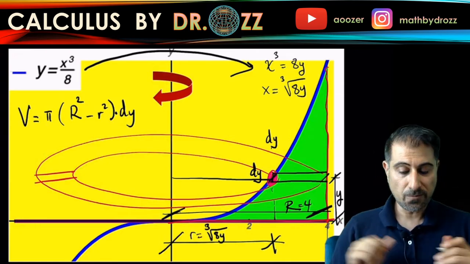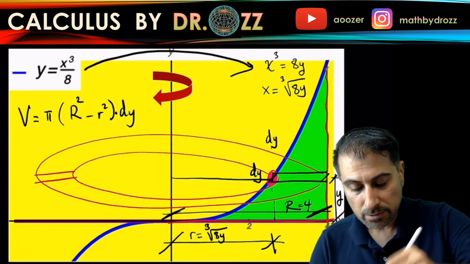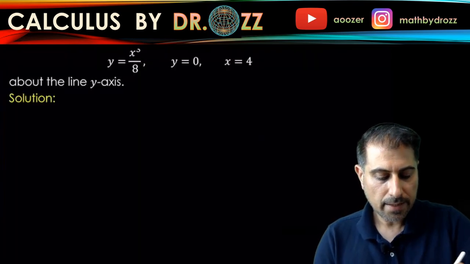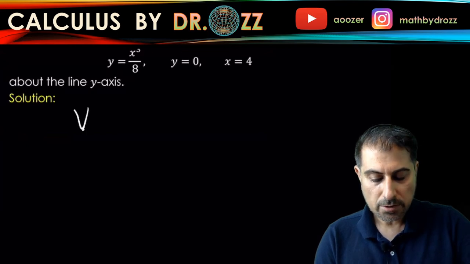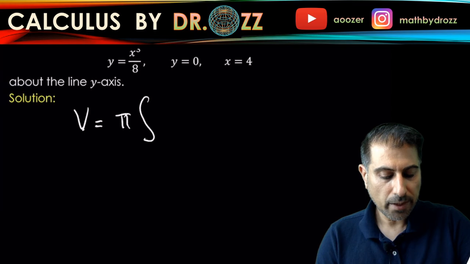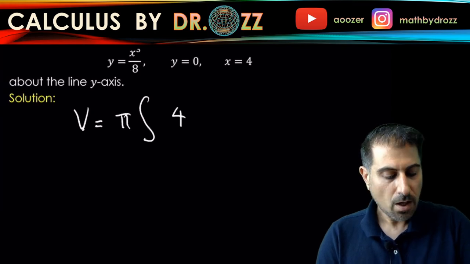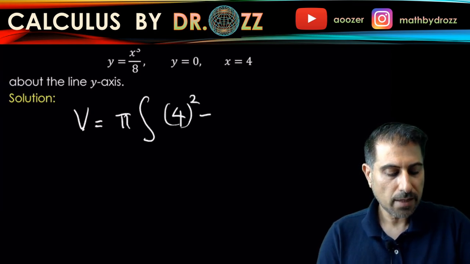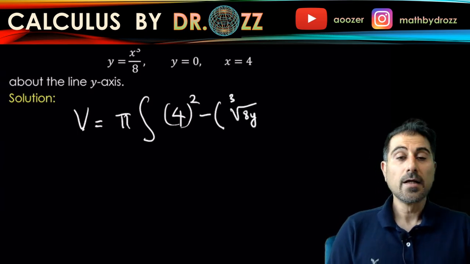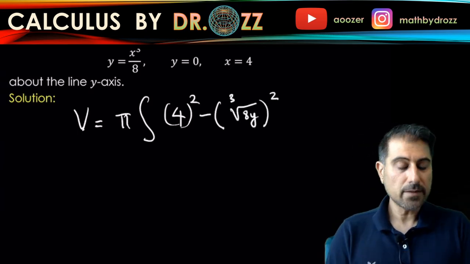So I'm going to use this formula now to write down the integral. Pi integral of capital R squared, that's 4 squared, minus the cubic root of 8y, squared. That's the little r.